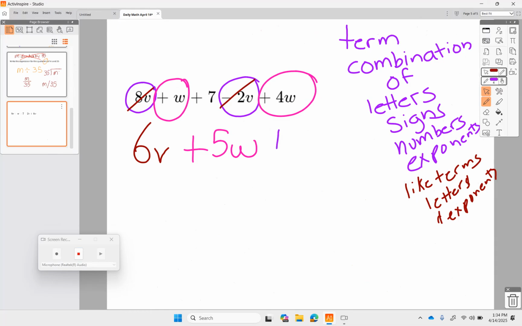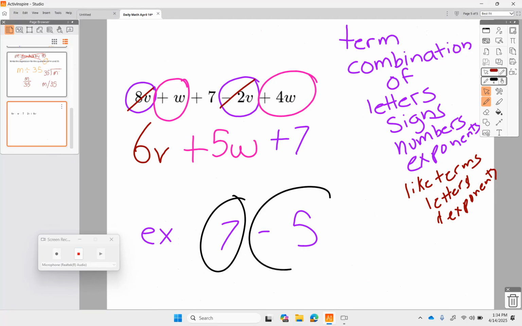Now I want to talk about this for a moment. Remember how I said like terms have the same letters and the same exponents. The reason that 7 and -5 are like terms is: what letter do each of them have?